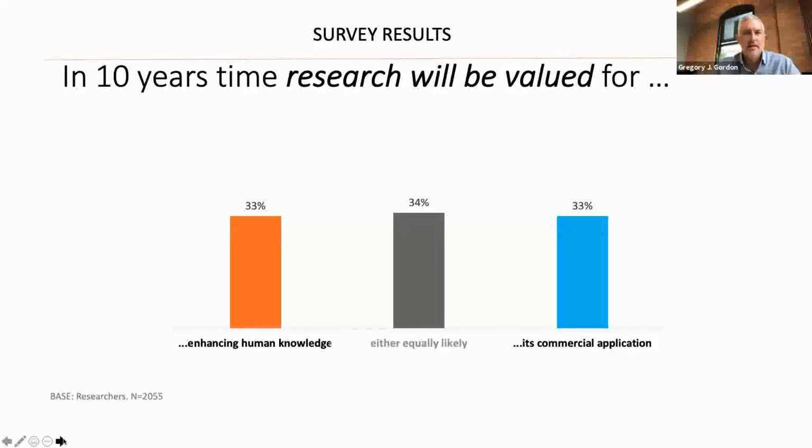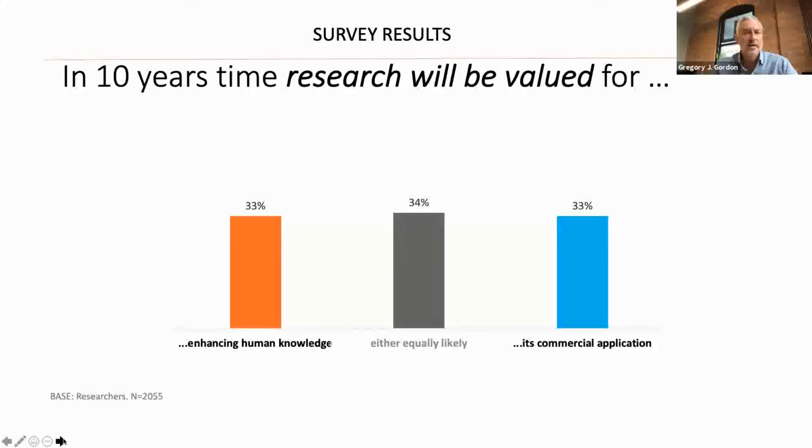A second interesting finding was that the research will be valued either by enhancing human knowledge or its commercial application. And interestingly, it was exactly split across the broad survey, 33% and 33%.